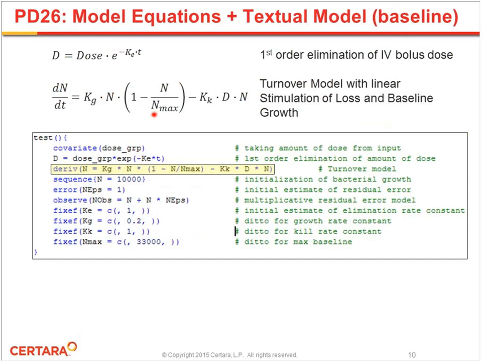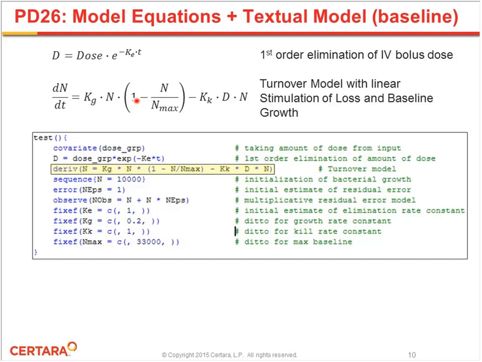And so this can be achieved by inserting this expression into our turnover model. As soon as N equals N max, this fraction becomes 1, and the whole growth or input part of the turnover model will give 0. So that brings the bacterial growth in the model to a stop.